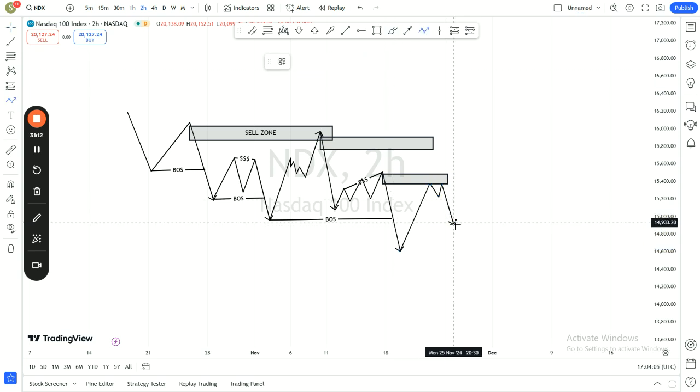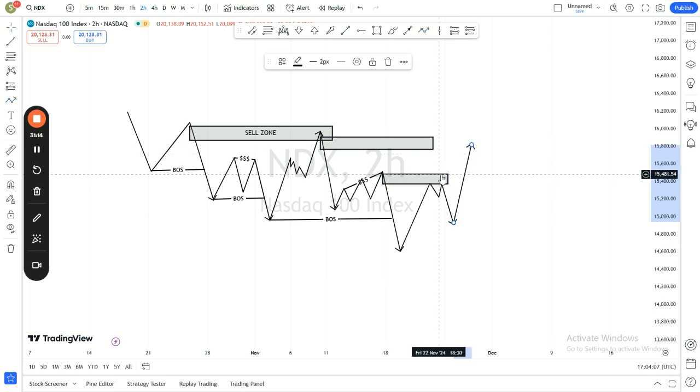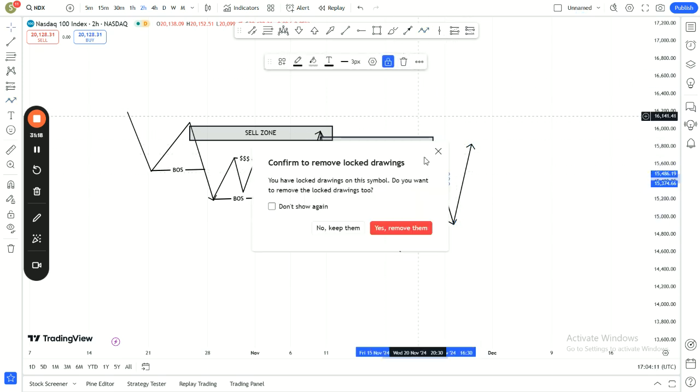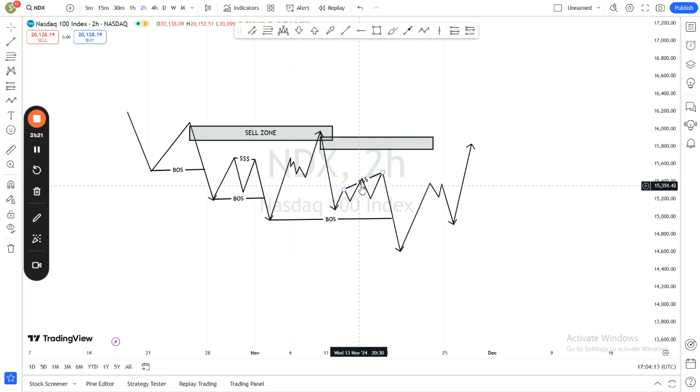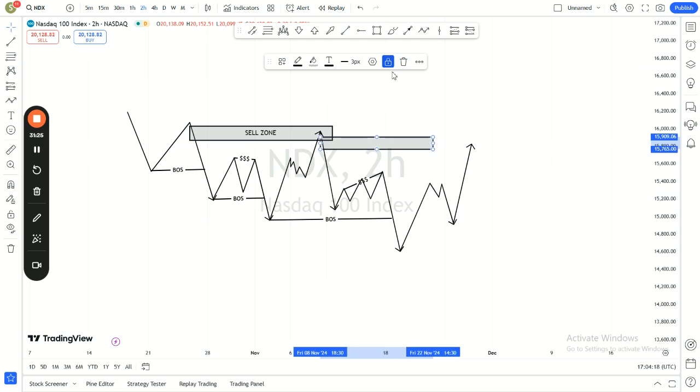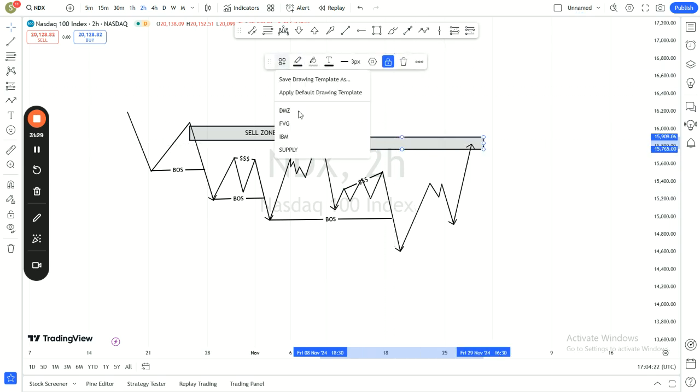The market will do something like this. Now come back and tap into the initial supply zone that was never tested, not knowing the market only created a fake low right here, a fake high right here for it to come back and test this initial supply, the sell zone that was never tested.